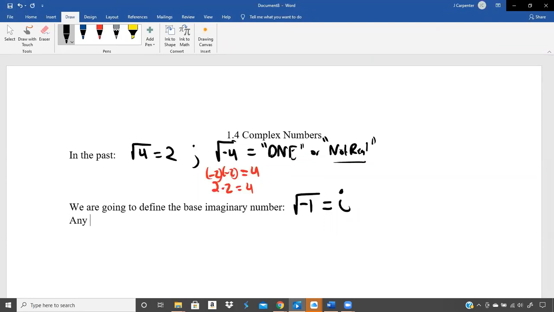It's a fun day. So, the imaginary numbers along with the real numbers make up what we call the complex number system. So any complex number can be written in the form a plus bi.